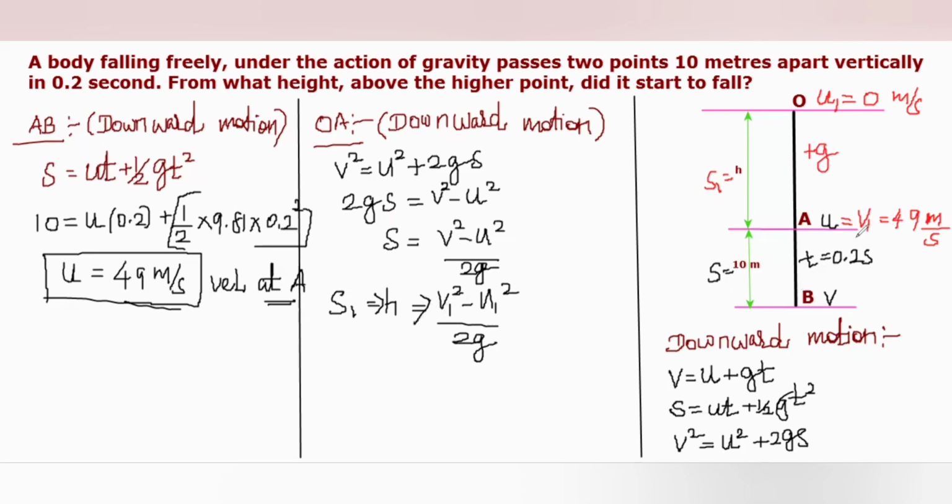Here V1, the velocity at point A which we calculated, is 49 meters per second. So 49 square minus U1, the initial velocity from where it is going to fall, which is 0. We substitute 0 square, divided by 2 multiplied by 9.81.